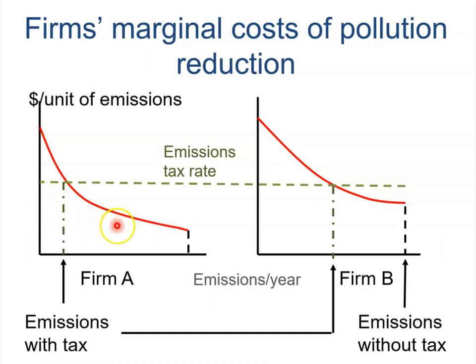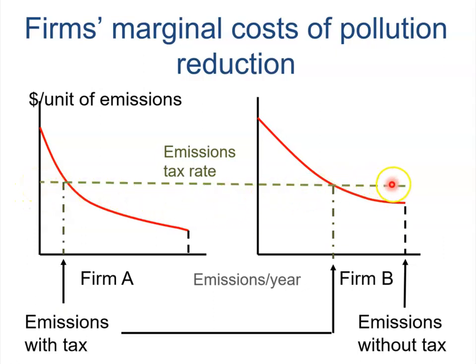Let's think about it from the point of view of Firm A. Firm A would prefer to bear the cost of reducing its emissions up to this point here. If it reduces its emissions any further, it would be more expensive than simply paying the tax. So it's going to choose this level of emissions, and it will pay the tax accordingly.